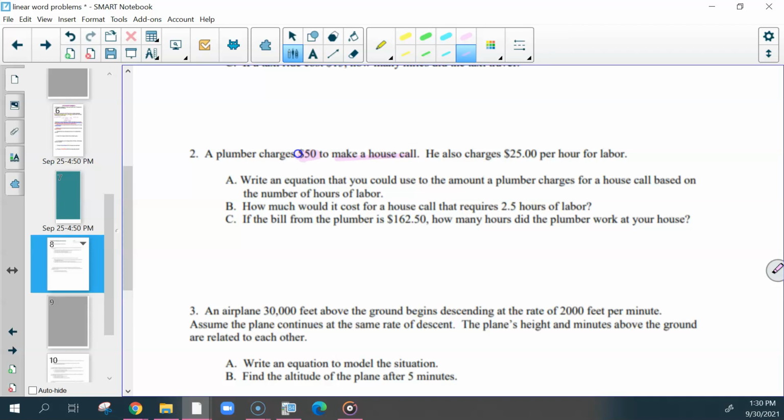He also charges $25 per hour for labor. We have to write an equation that we could use for the amount a plumber charges for a house call based on the number of hours of labor. So let's do that part first. Let's also define our variable. So we don't know the number of hours.